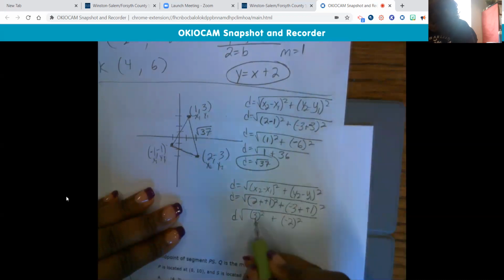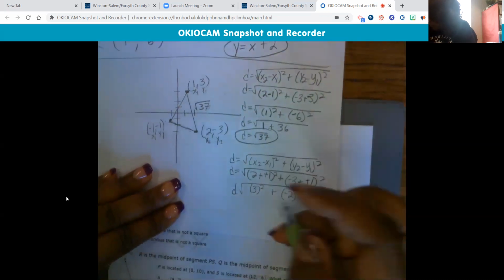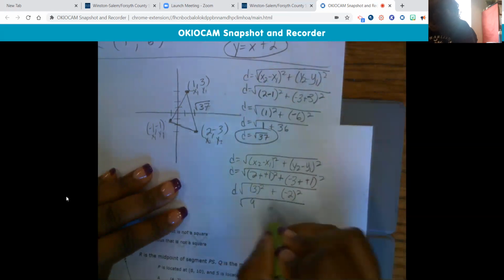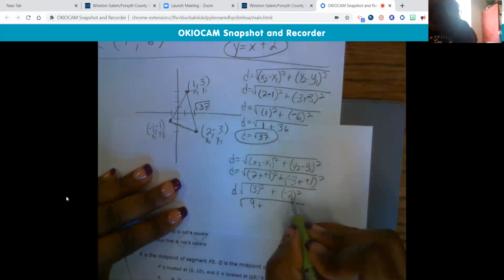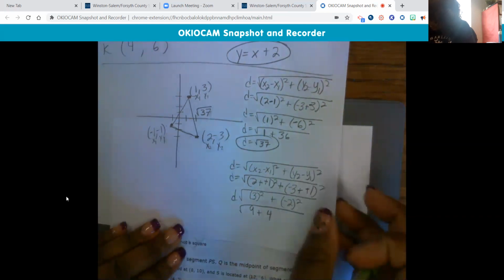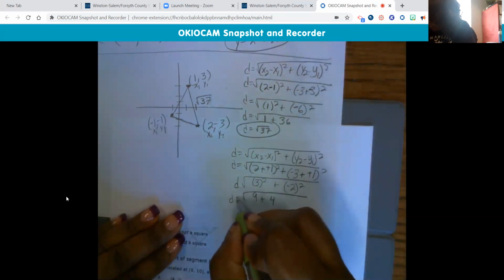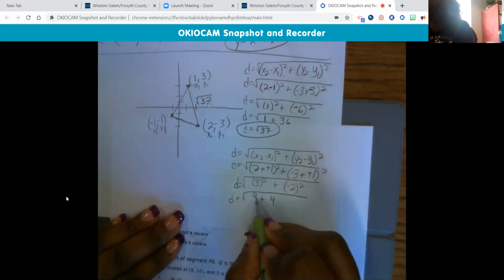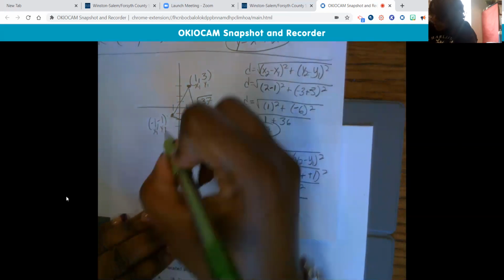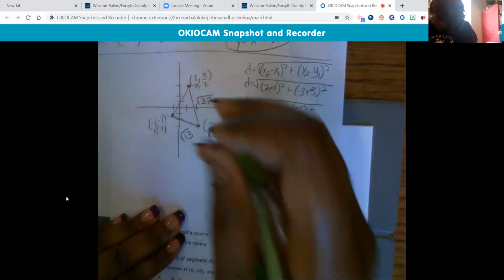Okay, so this gives me 3 times 3, which is 9, plus 2 times 2, which gives me 4. Negative times a negative is a positive. So this is going to be 13, 9, 10, 11, 12, 13, right? So square root 13. This is square root 13.